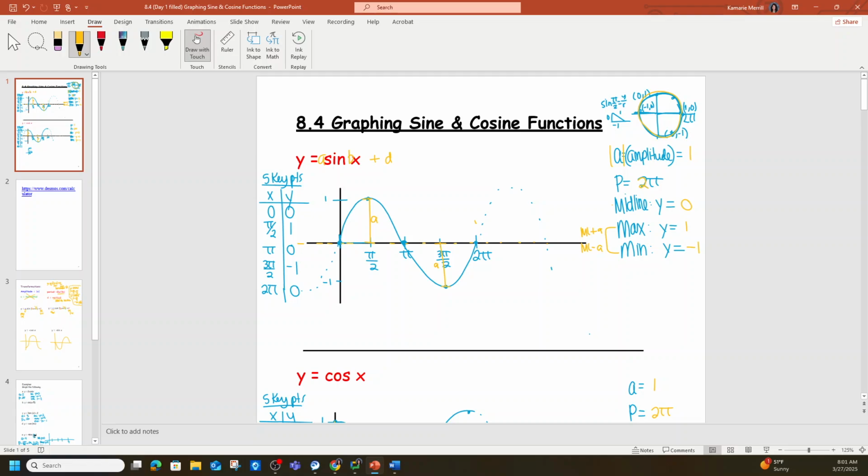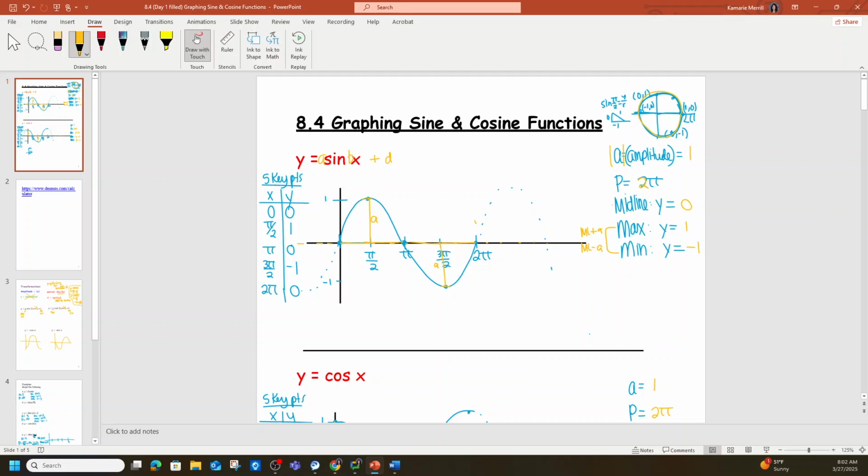Whenever you want to label your x-axis, you take half of that, or you could take a fourth of the period, because you need to label every single tick mark. I need to label from here to here, and every one of these is the same size. So if this is 1 pi halves, I get to add another, 2 pi halves, 3 pi halves, 4 pi halves. Does that make sense to everybody?